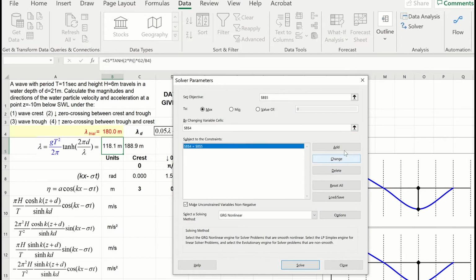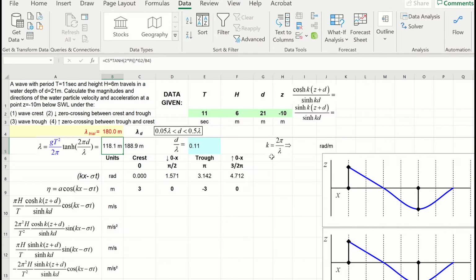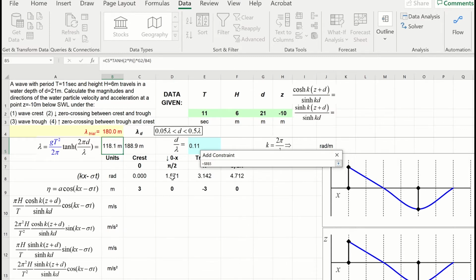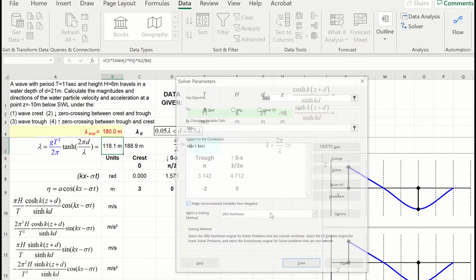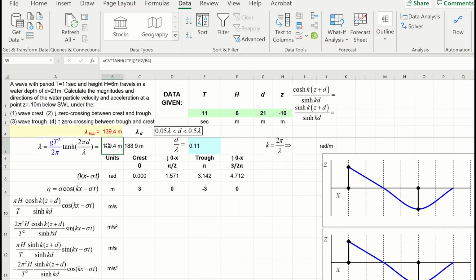I already have this, but anyway, I will just delete this and then insert this condition again. And my condition would be that my trial value should be equal to the calculated value. And now I can solve and keep the value. So my wavelength is 139.4. And now I'm ready to do calculations.